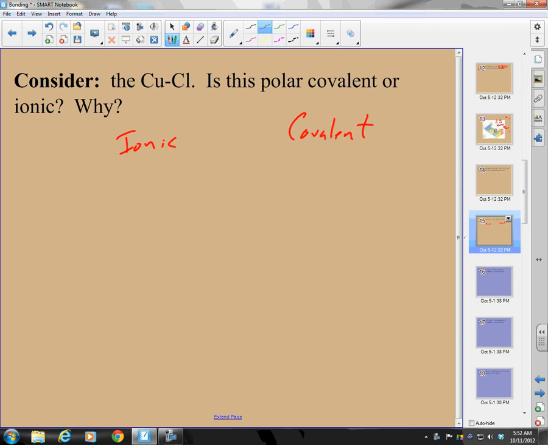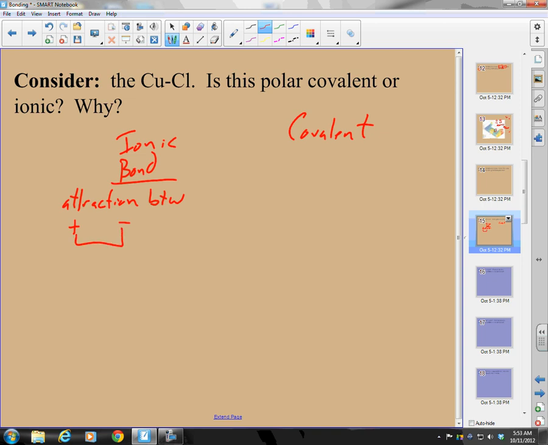And we said what happens in an ionic bond. What happens in an ionic bond? Well, I have an electrostatic force of attraction between a positive cation and a negative anion, and that creates my bond, the attraction of the positive to the negative.